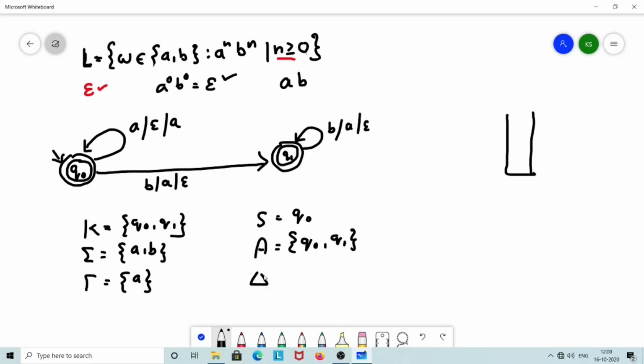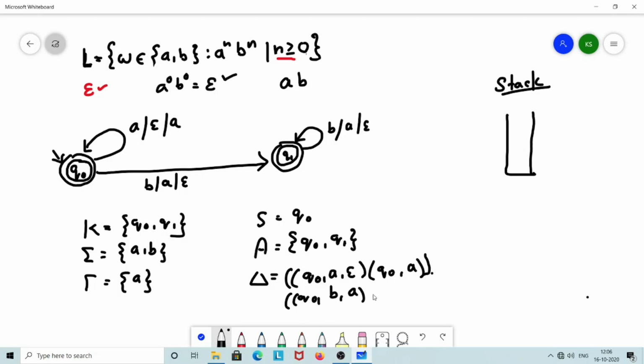And finally delta, which is equal to: Q0 upon A, no symbol to pop, remain in Q0 by pushing A, right? And Q0 upon B, pop A out, go to Q1, push nothing.